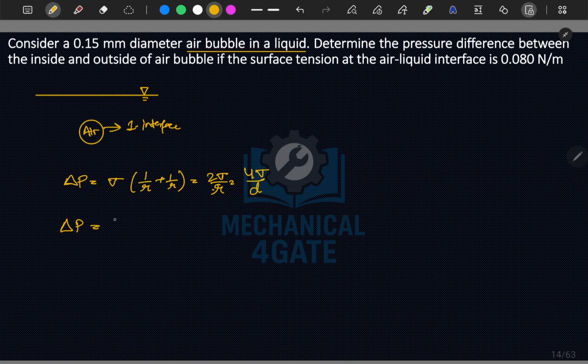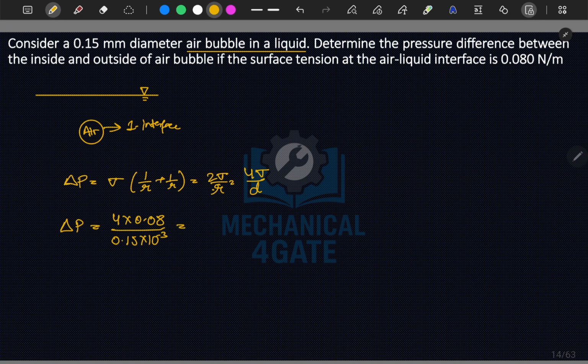So we will substitute the values here. 4 times sigma, which is 0.08, divided by the diameter. The diameter is given in mm, so let's take it in meters also. So this is 0.15 times 10 to the power minus 3.